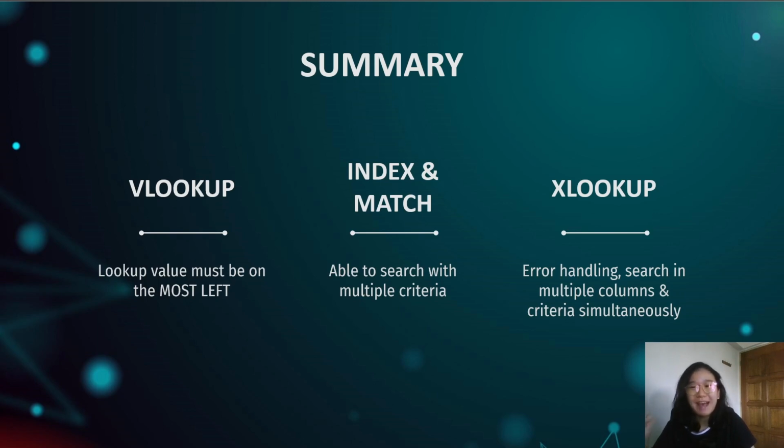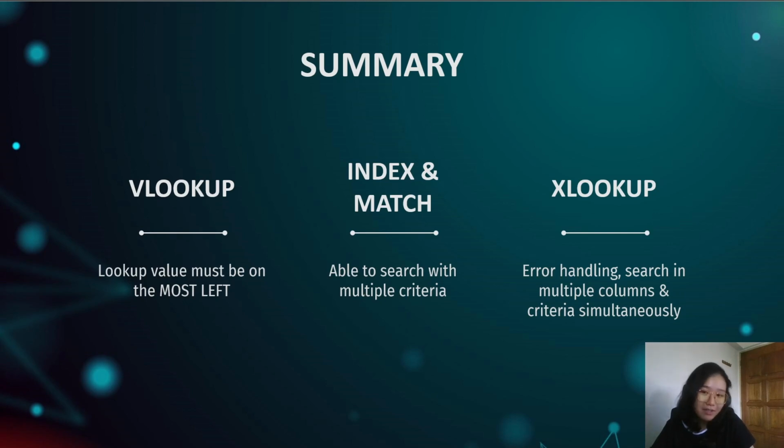Then the last one would be XLOOKUP. Just in my opinion, I feel like this is the most powerful lookup function because it is so flexible and it has so many functions inside one single formula.